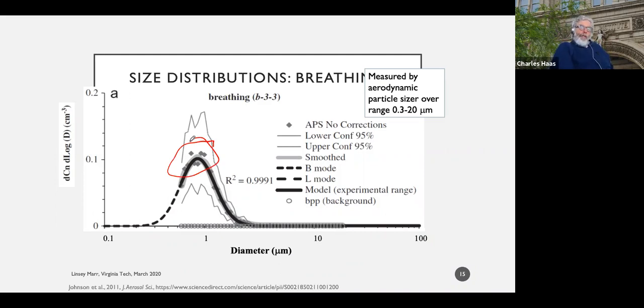So remember we said the virus that causes COVID-19 is about 100 nanometers, 0.1. If these aerosols were to contain COVID, they would be a very small virus in a large coating of other material.